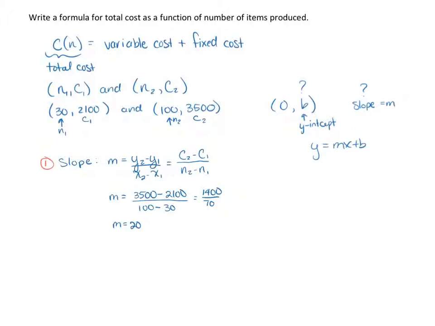Once you have your slope, your second step is to pick one of your 2 points. So pick one point, and then you're either going to use the slope-intercept formula to find B, or you're going to use the point slope formula to find B. And remember, B is our y-intercept.